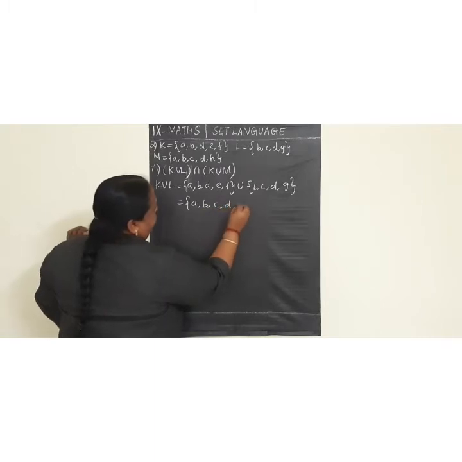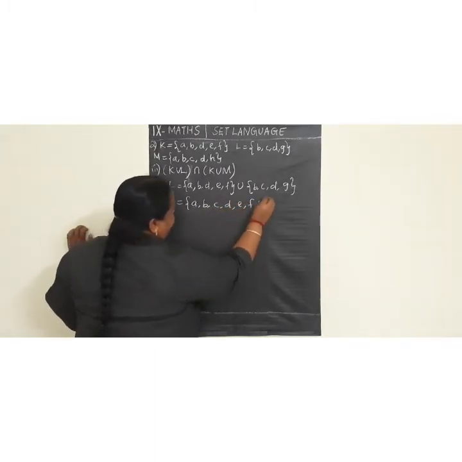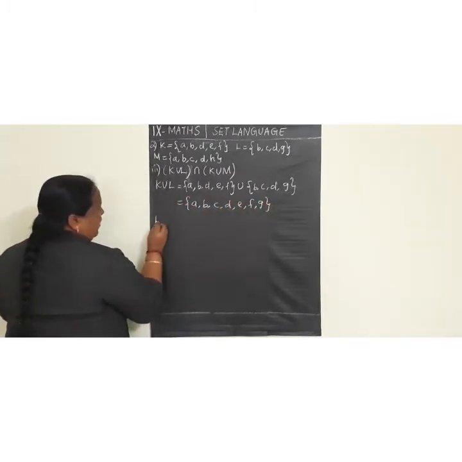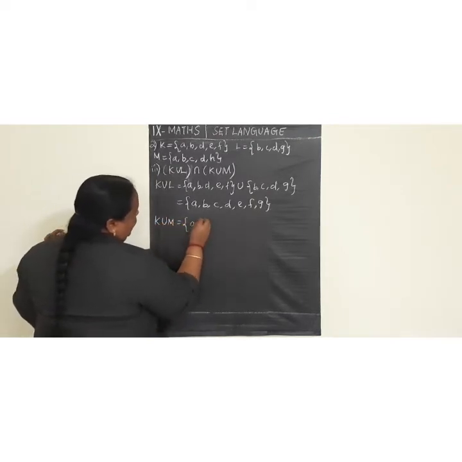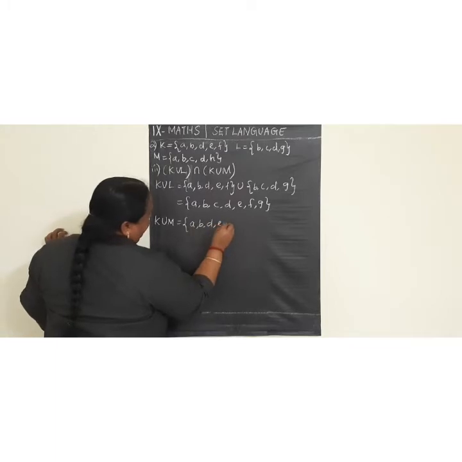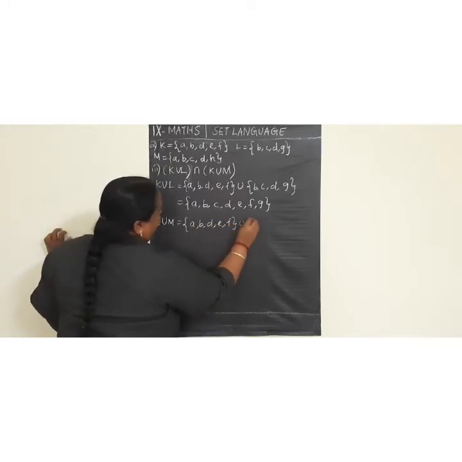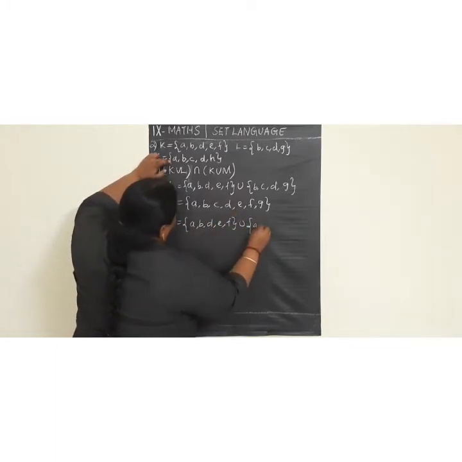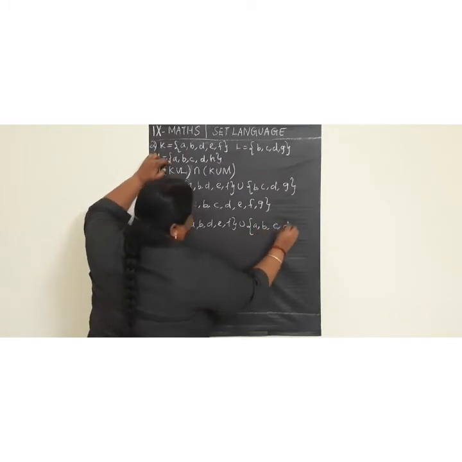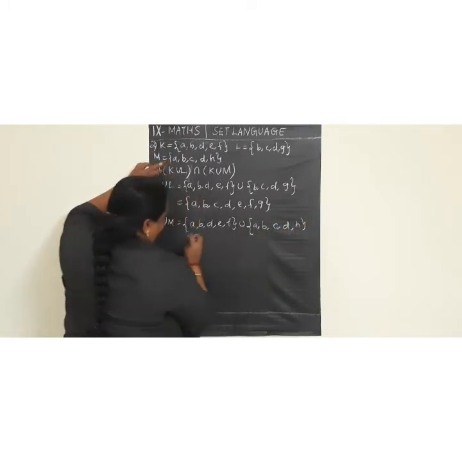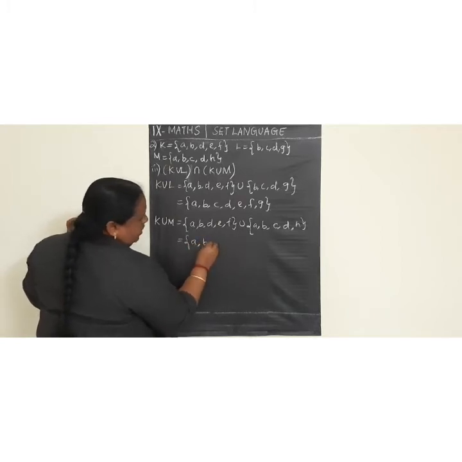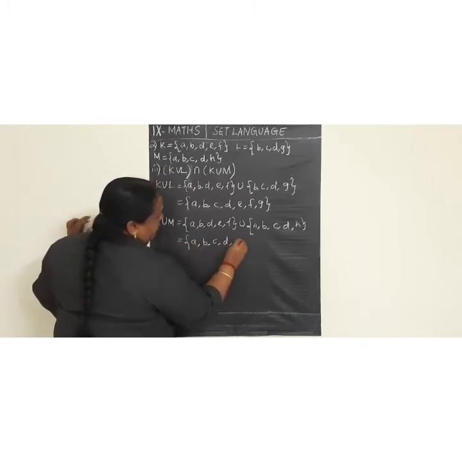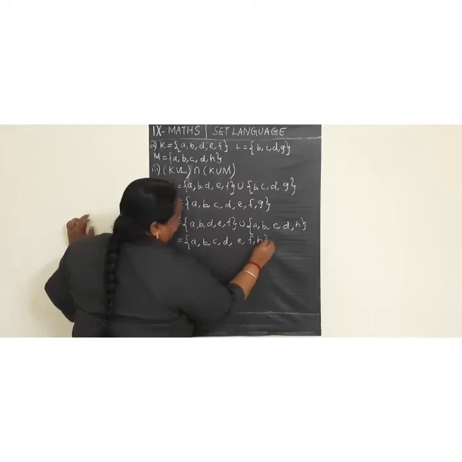So {A, B, C, D, E, F, G}. Next we have to find K union M is equal to {A, B, D, E, F} union M, {A, B, C, D, H}. Union, both we have to combine and write it. So {A, B, C, D, E, F, H}.